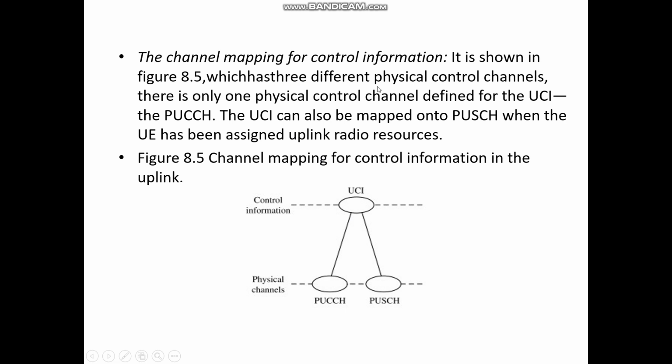There is only one physical control channel defined for the UCI, that is PUCCH. The UCI can also be mapped onto PUSCH when the UE has been assigned uplink radio resources. So when uplink radio resources are available, then you can map UCI to PUSCH. Otherwise, it should be mapped to PUCCH.